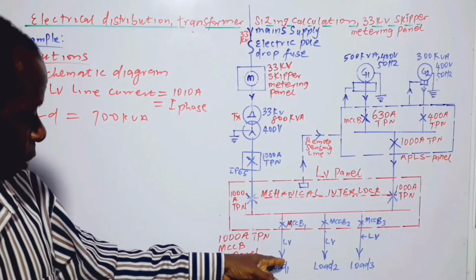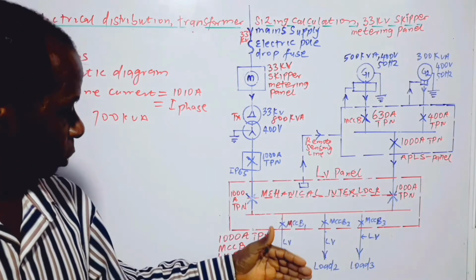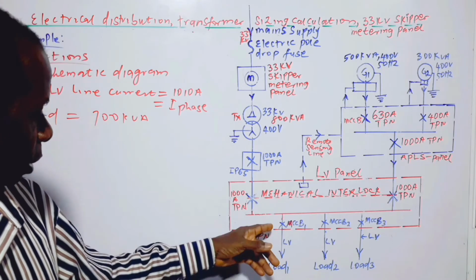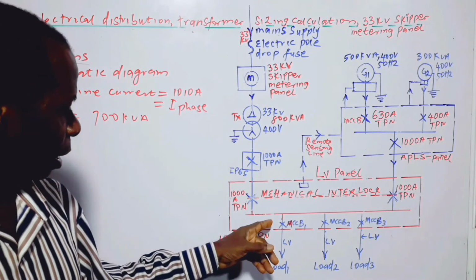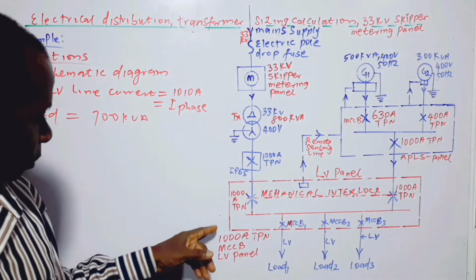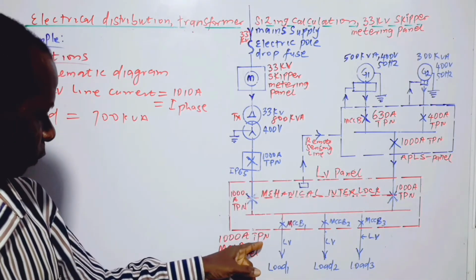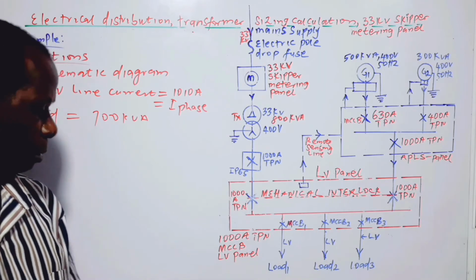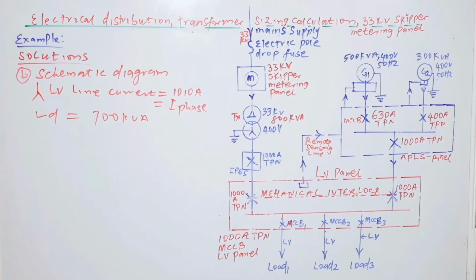The magnitude of the load will be the determinant of the size of the circuit breakers. That's why I'm not putting the size of the circuit breakers there. So this is the LV panel, 1000 ampere triple phase with neutral MCCB, low voltage panel. And that is the schematic diagram for the system.